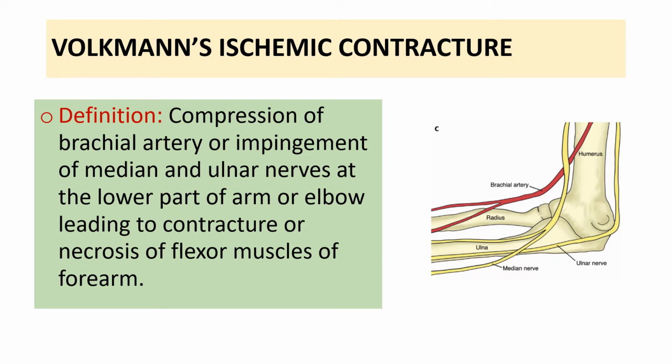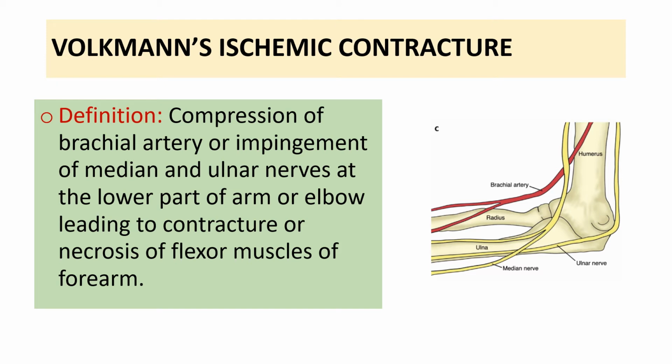Compression of brachial artery or impingement of median and ulnar nerves at the lower part of arm or elbow, leading to the contracture or necrosis of flexor muscles of forearm. That is the definition of Volkmann's ischemic contracture.